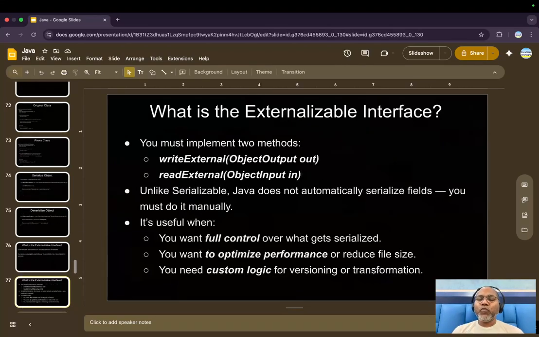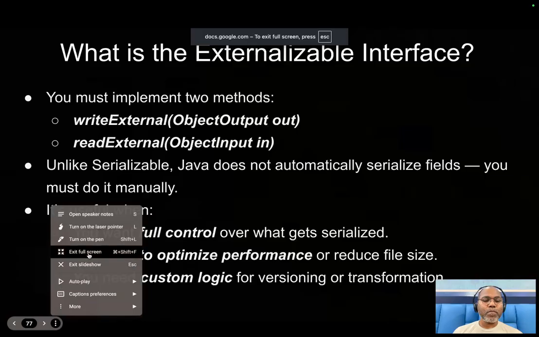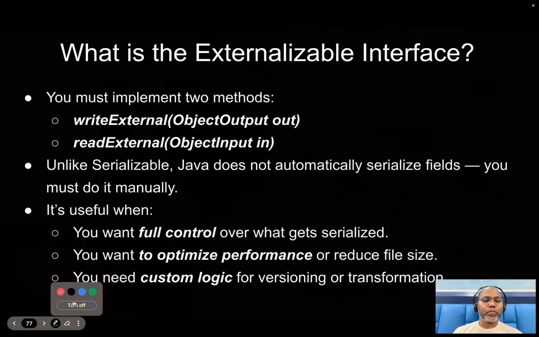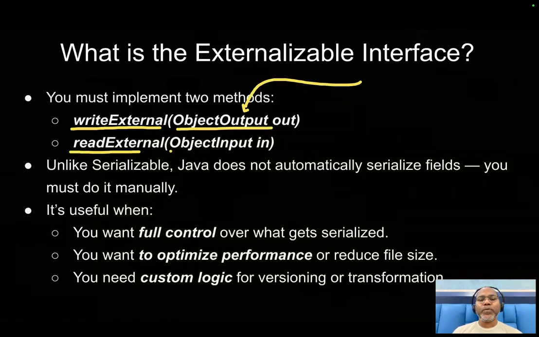Okay, so what does this interface do? This interface has two methods. One is writeExternal, and the other is readExternal. Both take, notice here, ObjectOutput and ObjectInput.